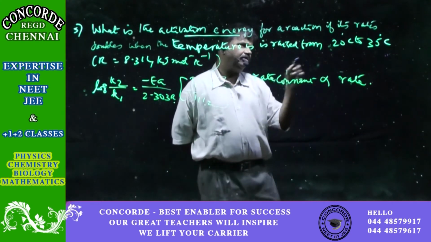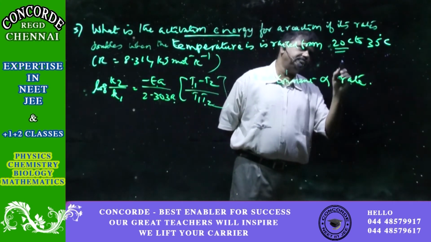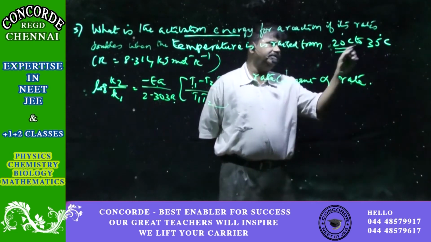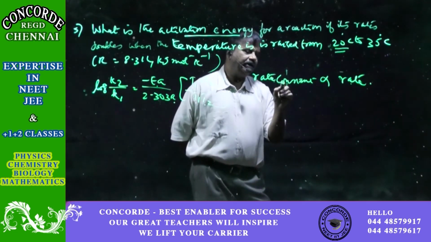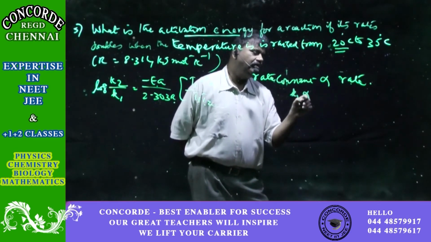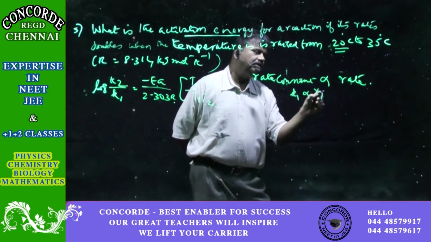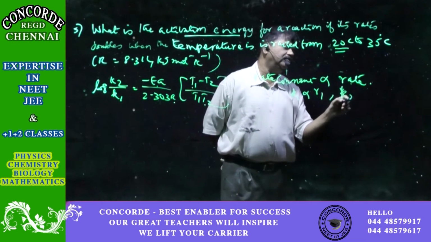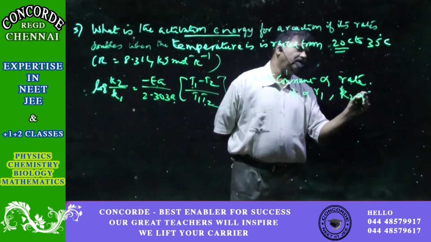Let the initial temperature be T1 and this is T2. The rate constant for the first one, K1, is proportional to R1, and K2 is proportional to R2.